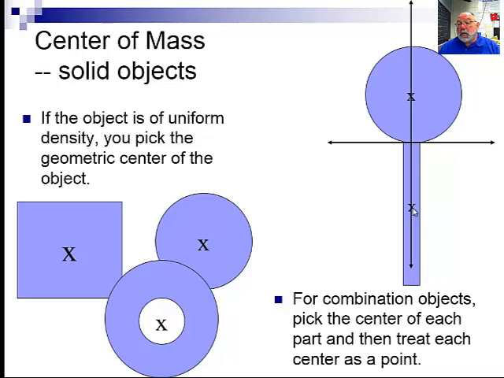We can shorten our work sometimes if we use symmetry. We can see that these 2 objects are symmetrical about the y-axis. Well, what that means is that the x-coordinate of the center of mass is at x equals 0. Just saves one calculation.